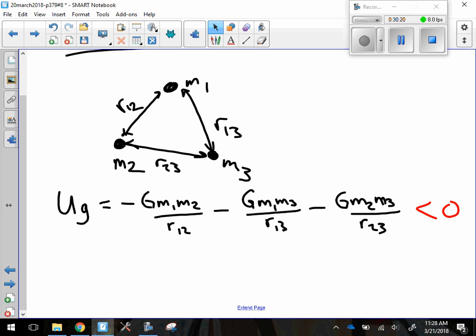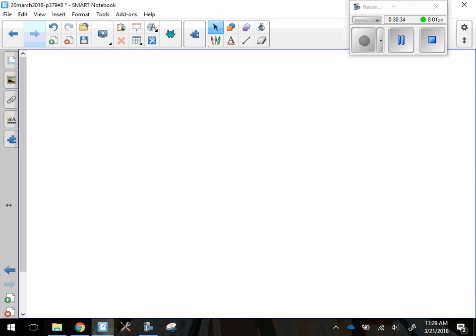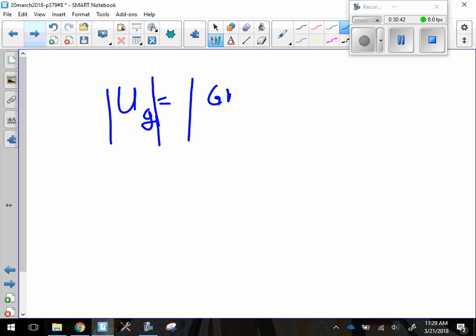The next thing to ask yourself is, can we go backwards? Can we recoup our old formula? Of course we can. So our new formula for U_G, if we take the absolute value, is G big M little m over r.